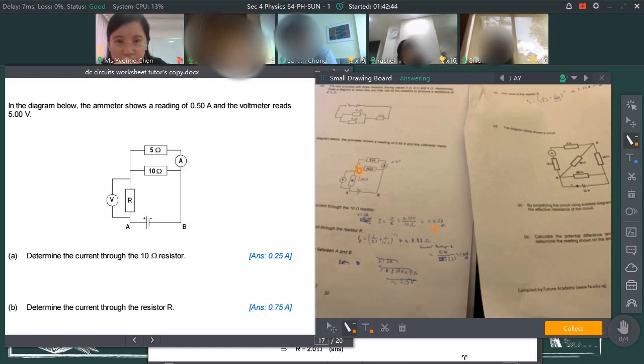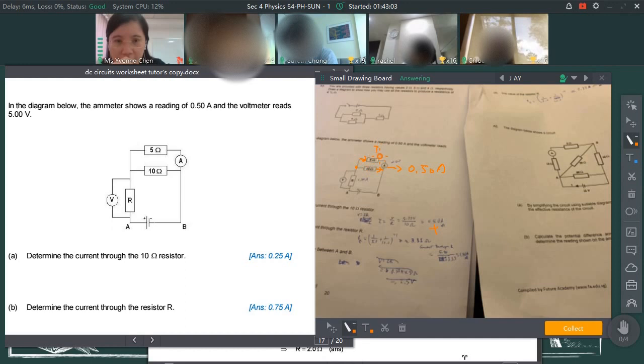You can see what I'm writing now, right, Jonathan? So do you see the current split? Like the ammeter is here. This is 0.50 ampere. Right? So the current here should be different.